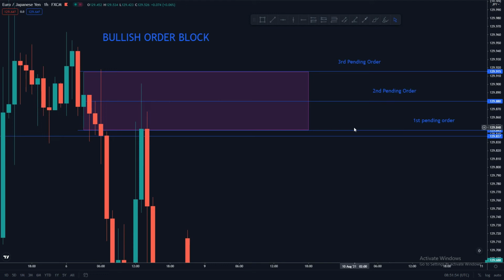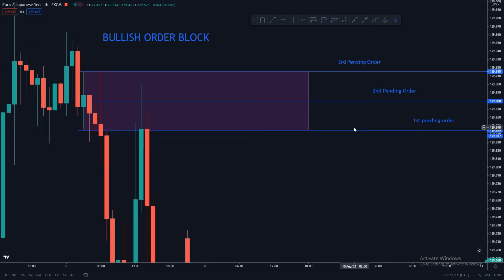So this one consists of 3 trades. You have to be very careful with your risk, and you should always know that when we are doing order block trading, we go for high rewards.